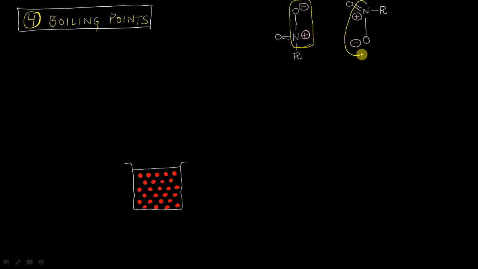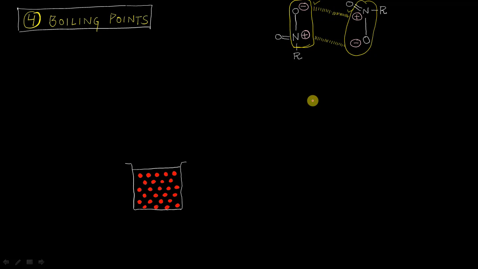It can also be imagined in the form of a dipole, something like this. And definitely there will be a sort of interaction between the negative end of this dipole and the positive end of this dipole. Let me show it like this. In the same way, there will also be an attractive force between this positive end of this dipole and the negative end of this dipole here.